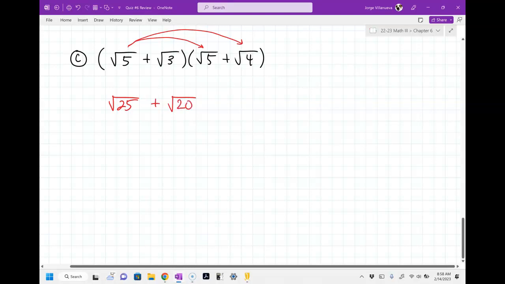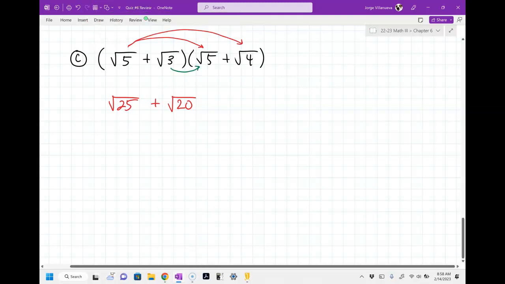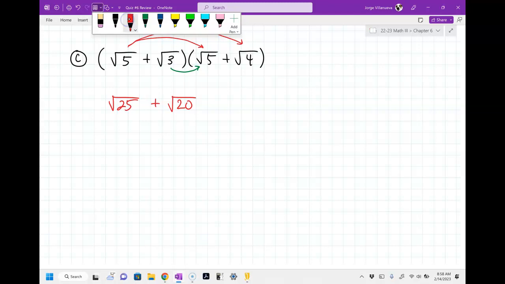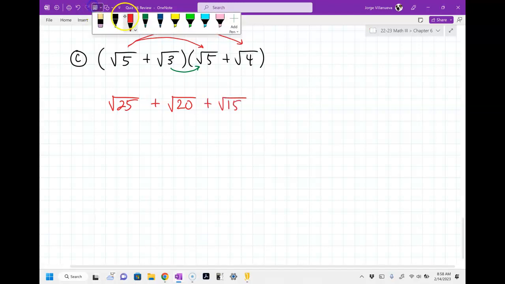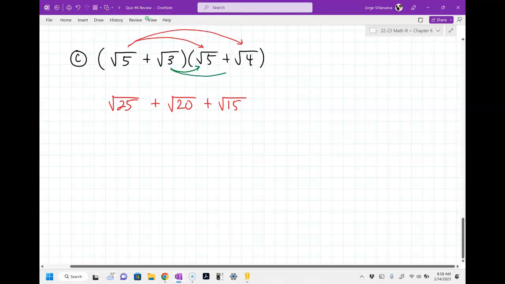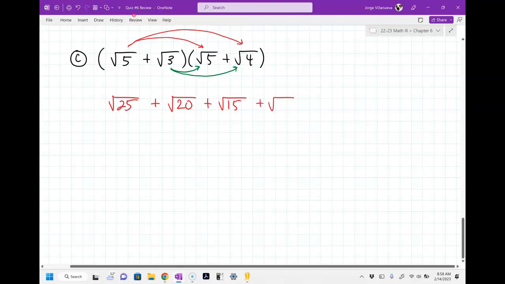Now, I was asked one time, couldn't I have just made that square root of 4 into a 2 earlier? Yeah, you could have. Okay, I'm just going to leave it alone, but you could. All right, next part. Square root of 3 times the square root of 5, that's a square root of 15. And then square root of 3 times the square root of 4, that's going to be the square root of 12.